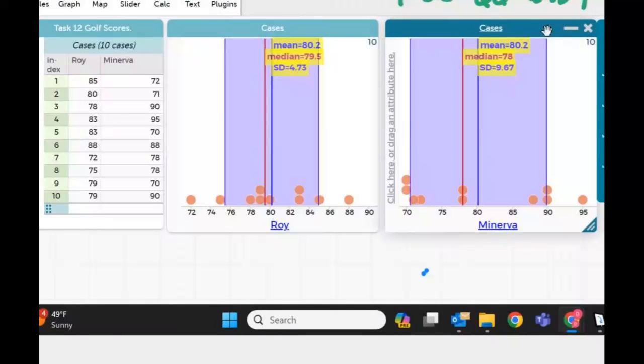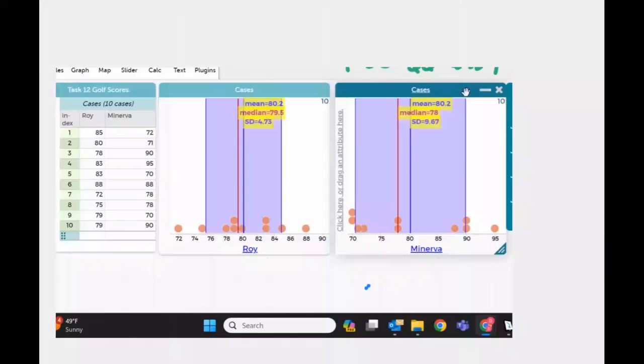You actually could make a case for either one, as long as you can back it up with your data. You could say, Roy's are all clustered together, and I would rather have someone whose scores are tight rather than way spread apart.